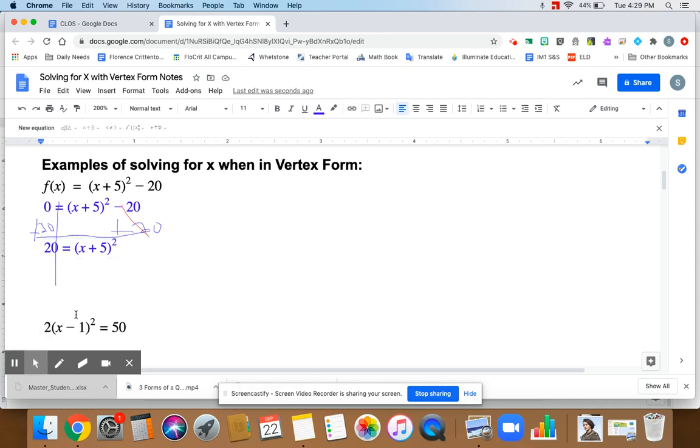So my next step to solve for x is to do what? I have to get rid of this squared that's trapping this in a parentheses. So to get rid of squared, I do the square root. So square root and squared eliminate.